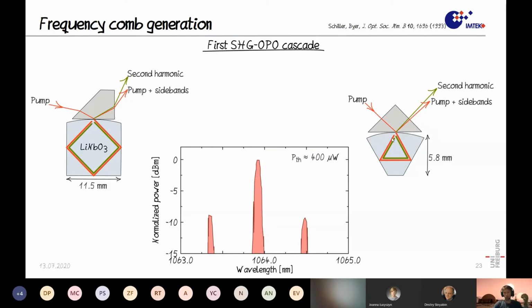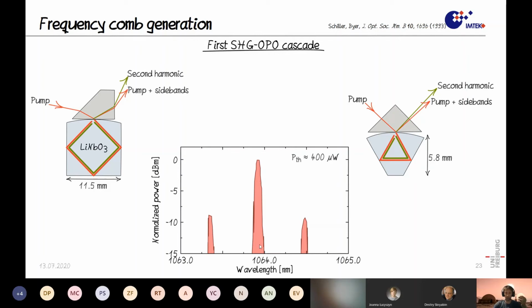And the one on the right side was investigated in the same paper. It has just 3 reflections, and the circumference for the light path was just 1 centimeter. So also very, very close to our scheme that we have today. And here you see the output spectrum around the pump.